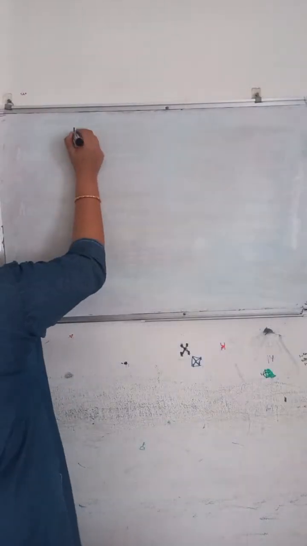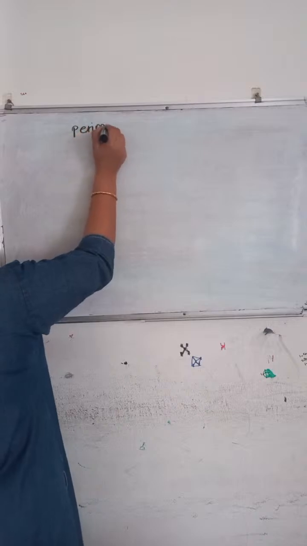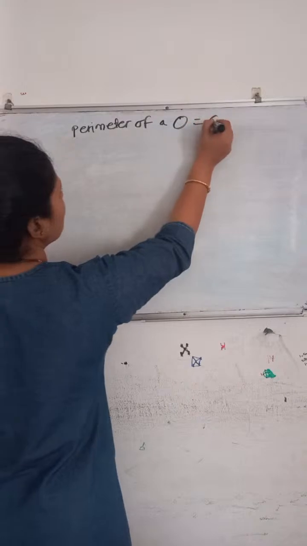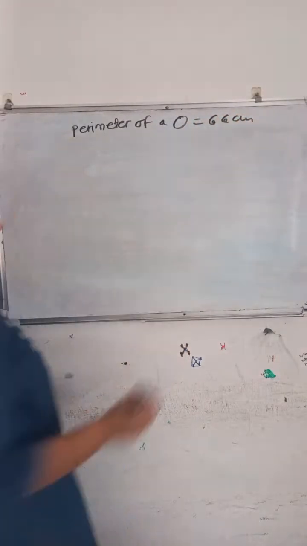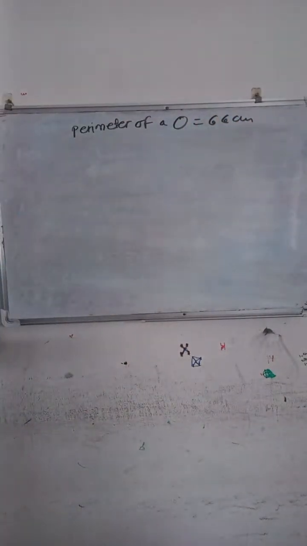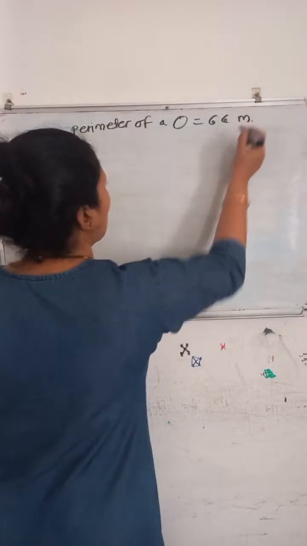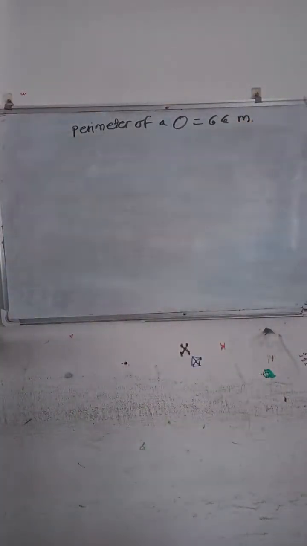That means they are giving in short their length. So here the perimeter of the circle is given as 66 meter, and they are asking us to calculate the radius.